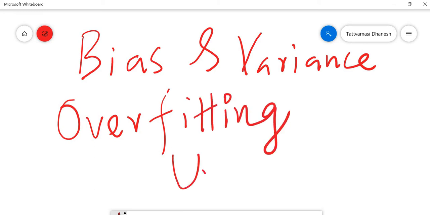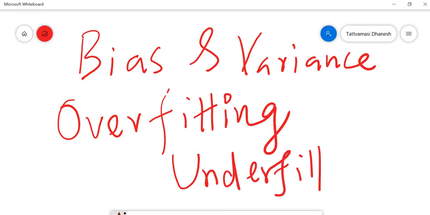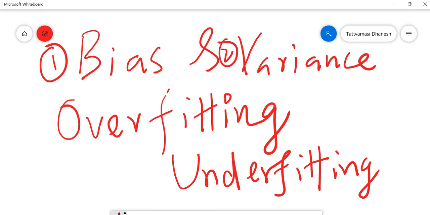The second one is underfitting related to a machine learning model. So four aspects: one is bias, second is variance, third is overfitting, fourth is underfitting. We are going to cover these four aspects in this video.